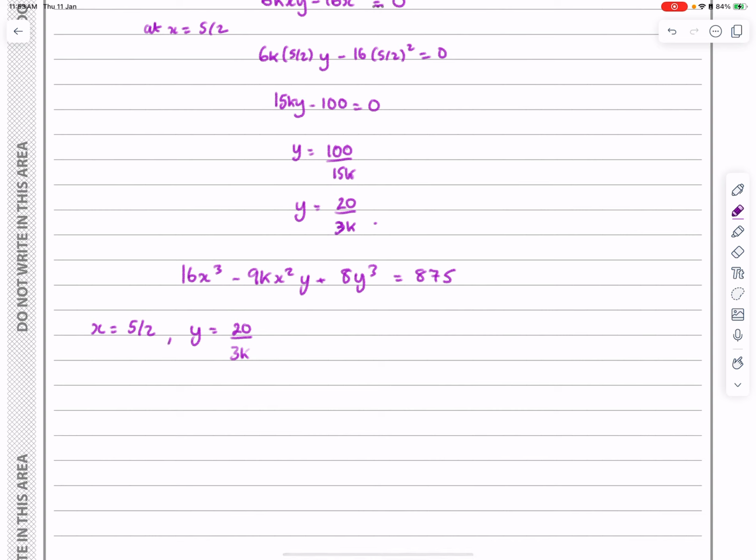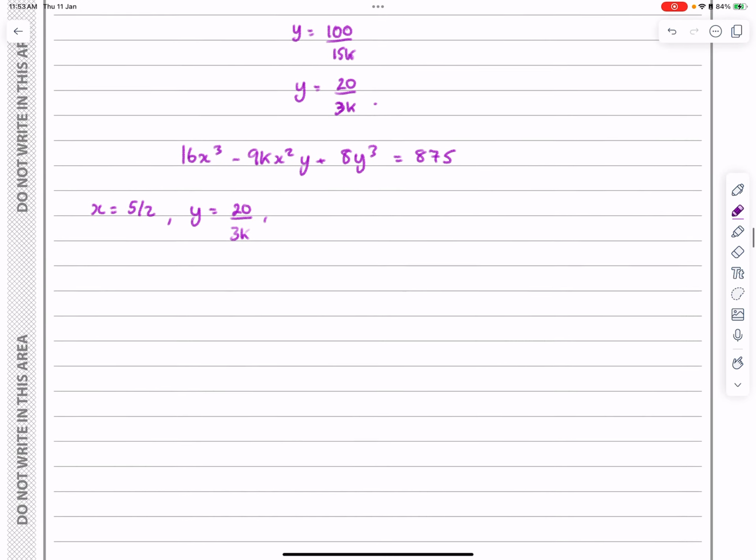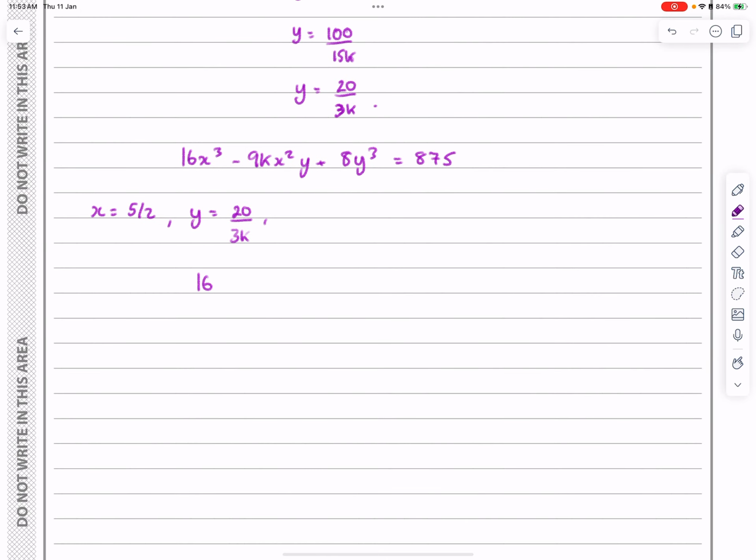So if we plug all that in, we're going to get 16 lots of 5 over 2 cubed minus 9k lots of 5 over 2 squared, and then y is 20 over 3k, and then plus 8 lots of 20 over 3k cubed is all equal to 875.